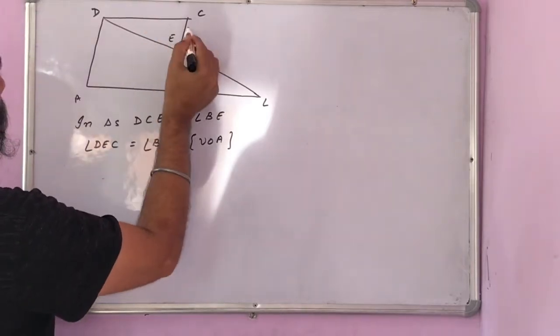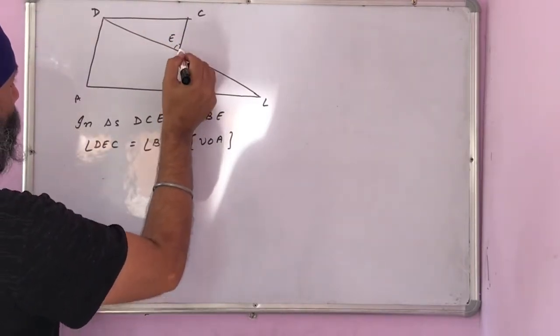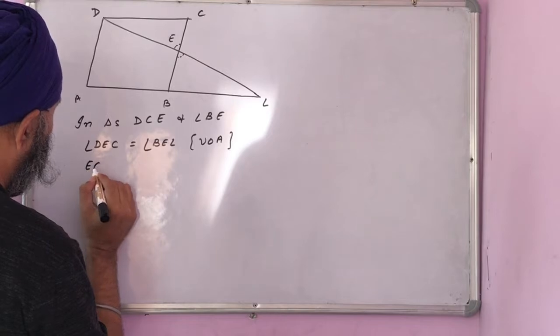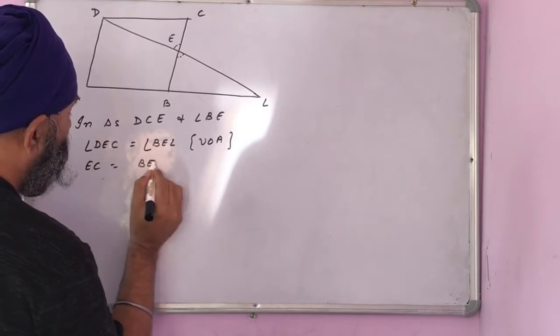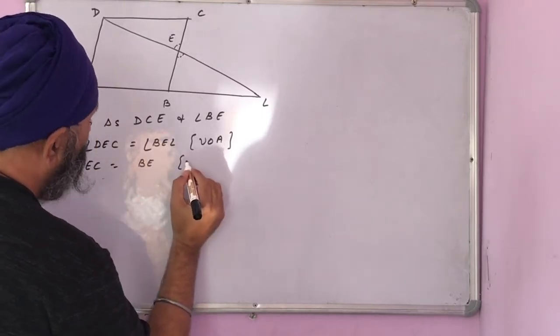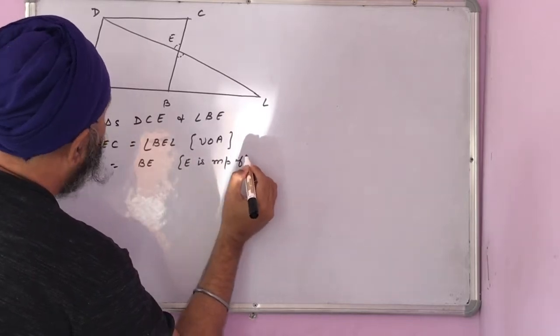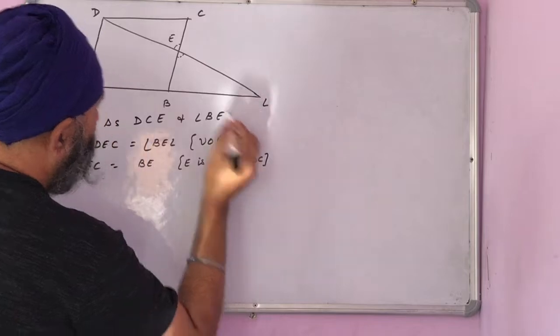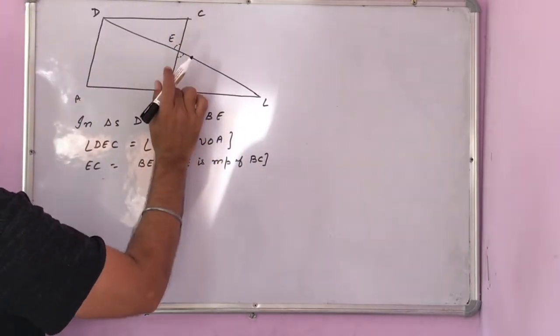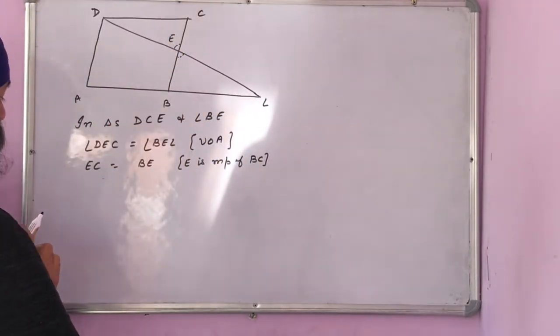Then EC is equal to BE because E is midpoint of BC. E is midpoint of BC, it means EC and BE are equal.